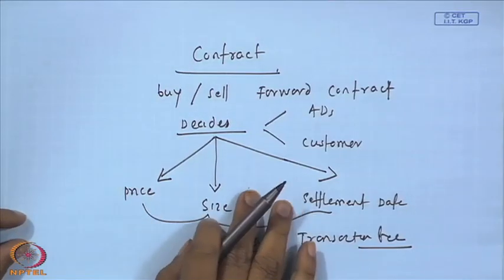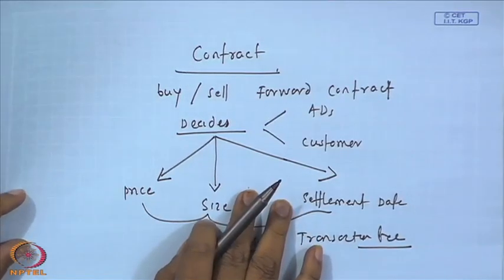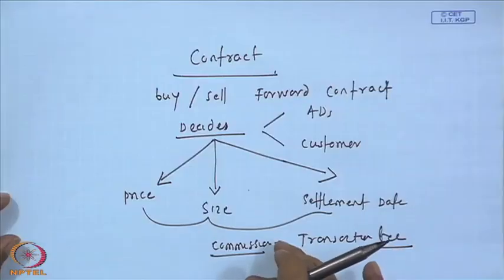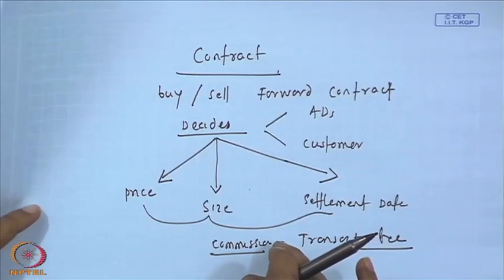Generally this forward contract agreement is OTC, an over the counter agreement, and through a telephonic discussion they agree on the forward contract. All forward contracts take place in the OTC market, over the counter through telephone, and in this process the authorized dealer charges a commission or a transaction fee, which is nothing but a profit for the authorized dealer.